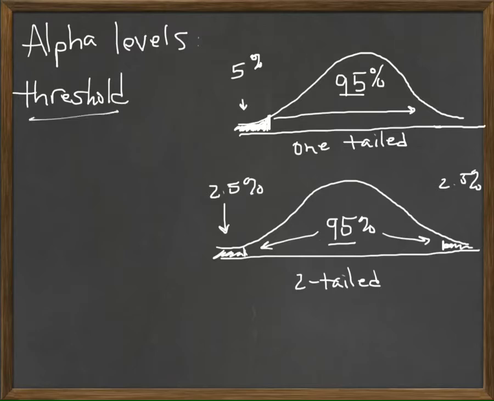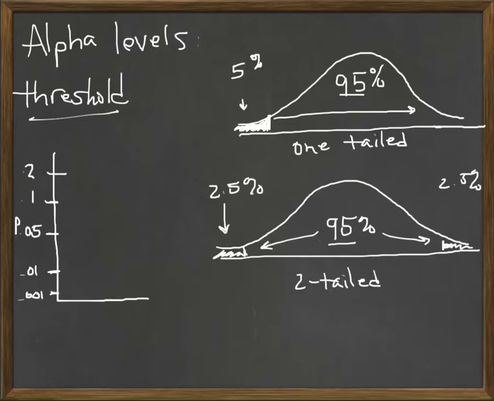Let me use this as an example. If this is our p-value on the side here, let's say this is 0.2, this is 0.1, this would be 0.05, and this is 0.01, and that would be 0.001, and so forth.